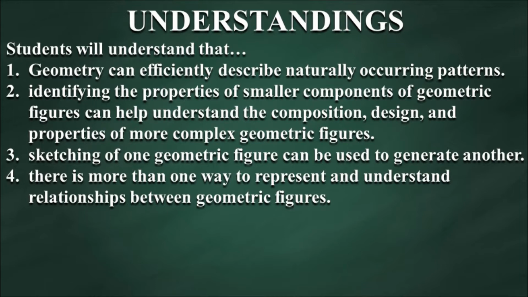Students will understand that identifying the properties of smaller components of geometric figures can help understand the composition, design, and properties of more complex geometric figures. Students will understand that sketching of one geometric figure can be used to generate another. Students will understand that there is more than one way to represent and understand relationships between geometric figures.